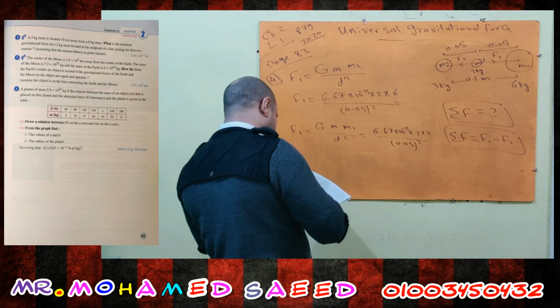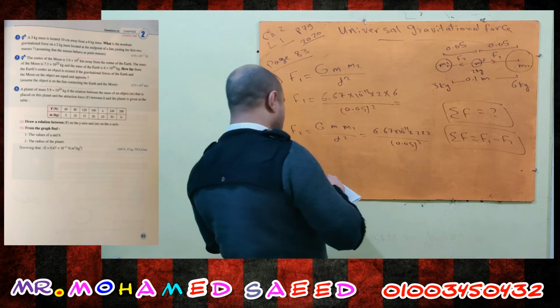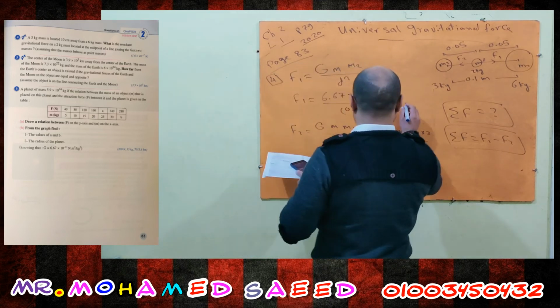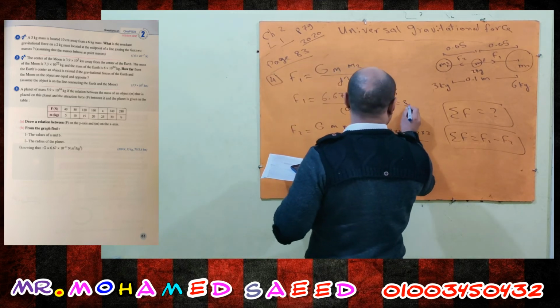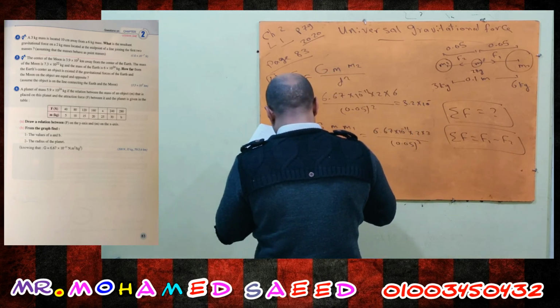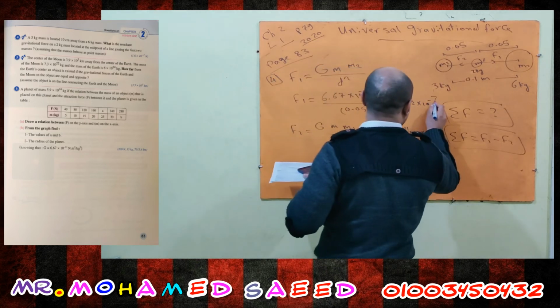6.67 times 10 to the power negative 11 times 2 times 6 over 0.05 squared. This force equals 3.2 times 10 to the power negative 7 Newton.